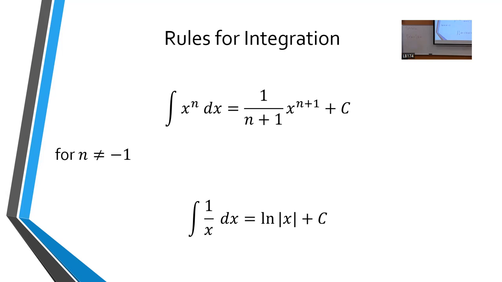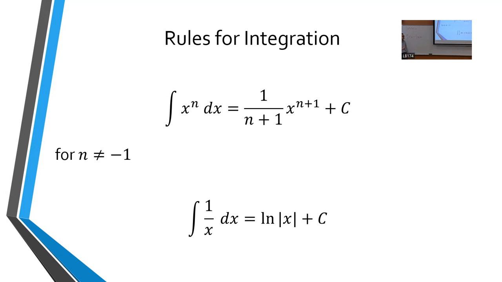And I hope that in Calc 1, people showed you that the derivative of natural log is 1 over x. Therefore, the antiderivative of 1 over x is natural log. Natural log only takes positive inputs, so that's why oftentimes people put absolute values around the x.